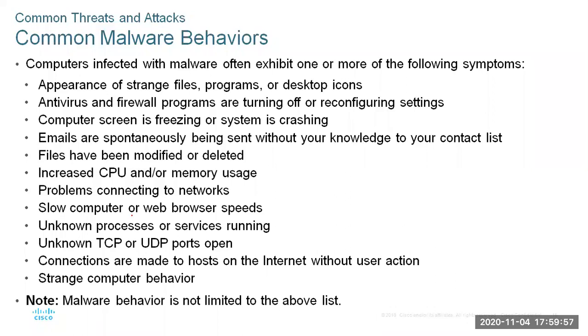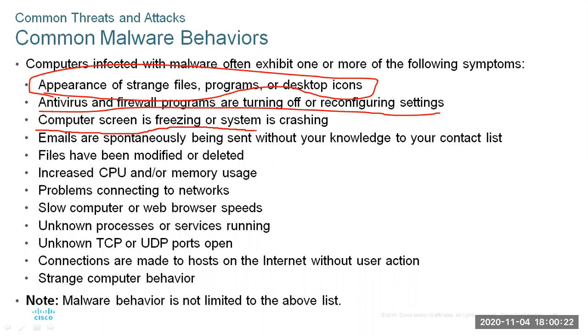Computers that are infected show these symptoms. Sometimes there is the appearance of strange files and programs and desktop icons. Sometimes antivirus or firewall programs are turned off or their settings reconfigured. In some cases, the computer screen freezes, or your system crashes.